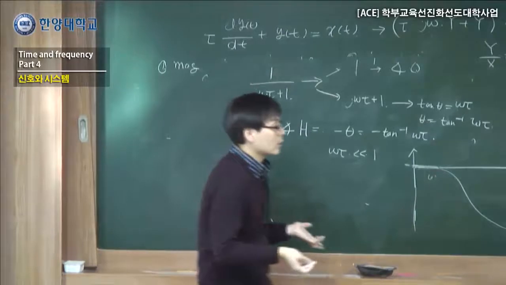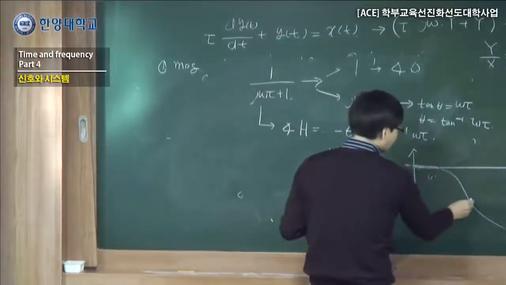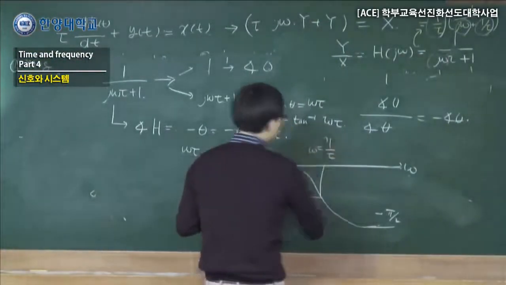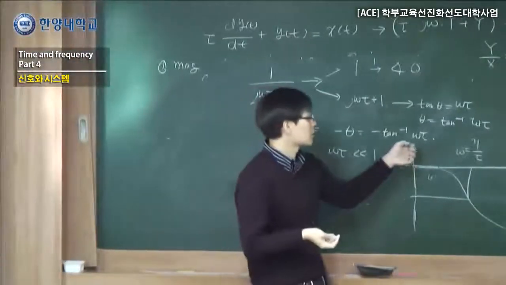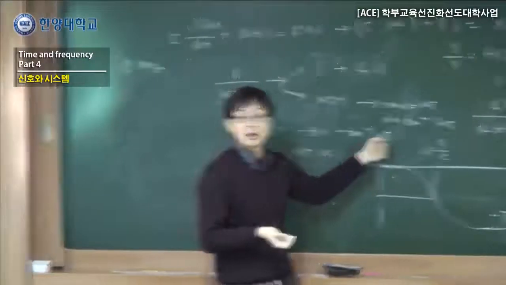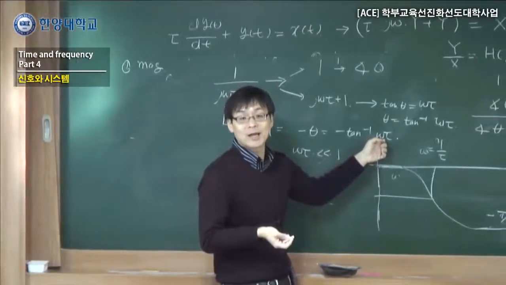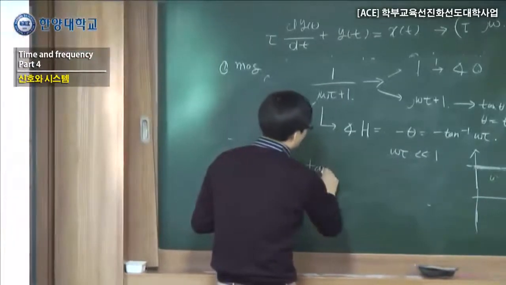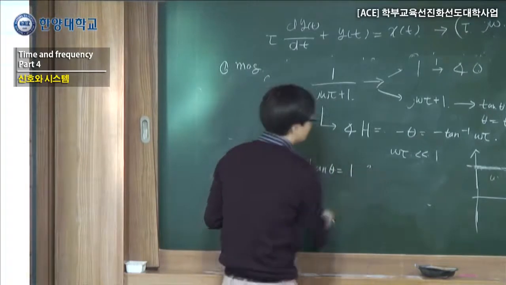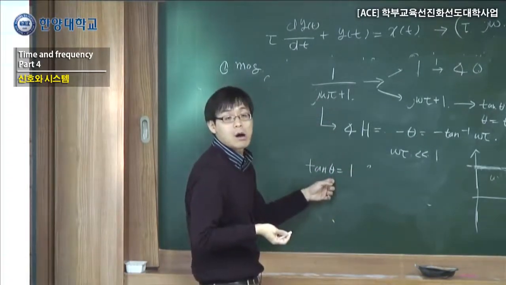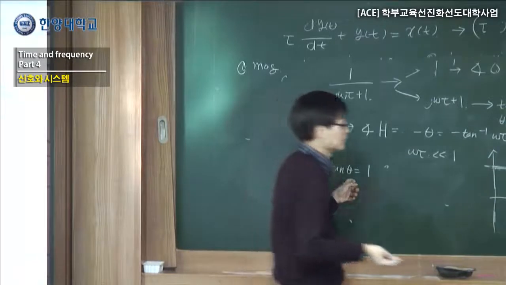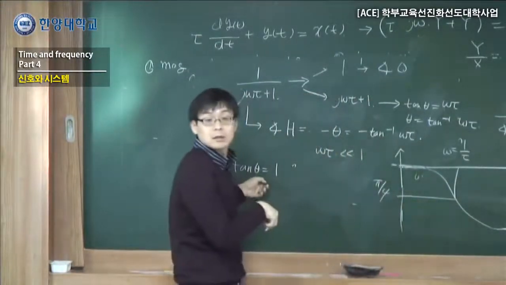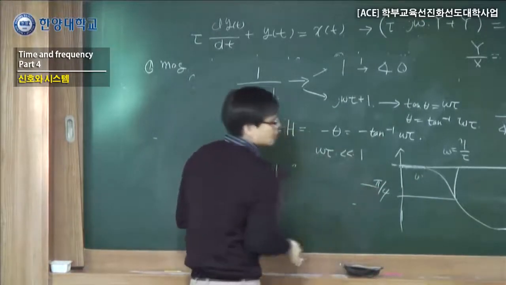And we usually pick a value at omega equals 1 divided by tau, which is 1. What is theta when tangent theta equals 1? What is theta? Right? And don't forget the minus.